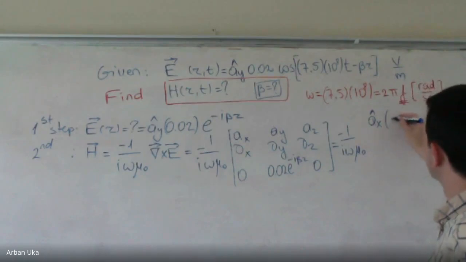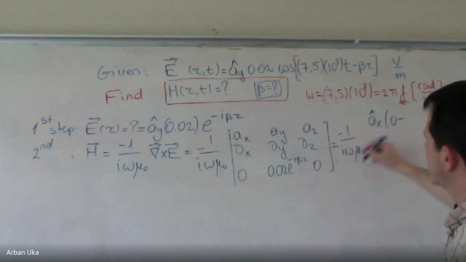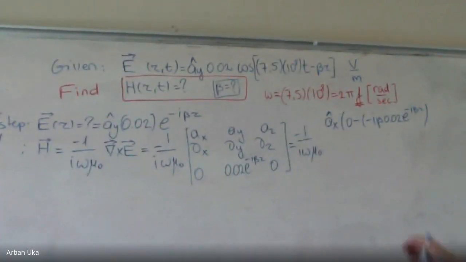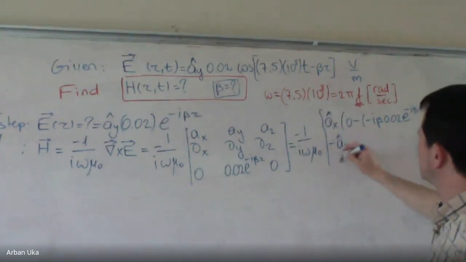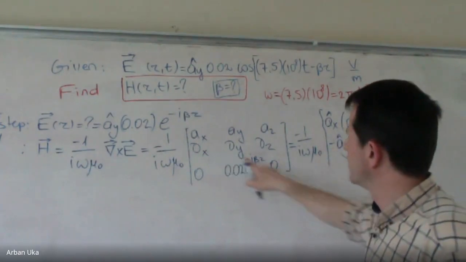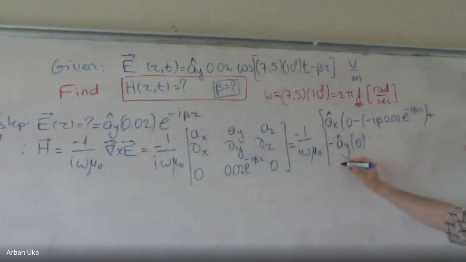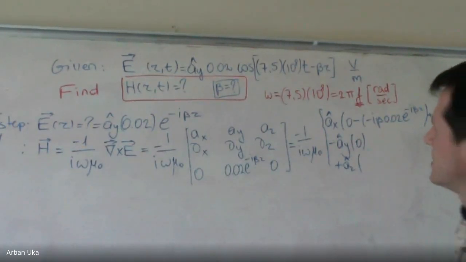So here we get 0 minus the derivative, which is minus j beta times 0.02 e to the power minus j beta z. This is how the derivative of this quantity is found. Then we have minus ay, and here we have the derivative of 0 with respect to x and the derivative of 0 with respect to z, so this is 0. Plus az.